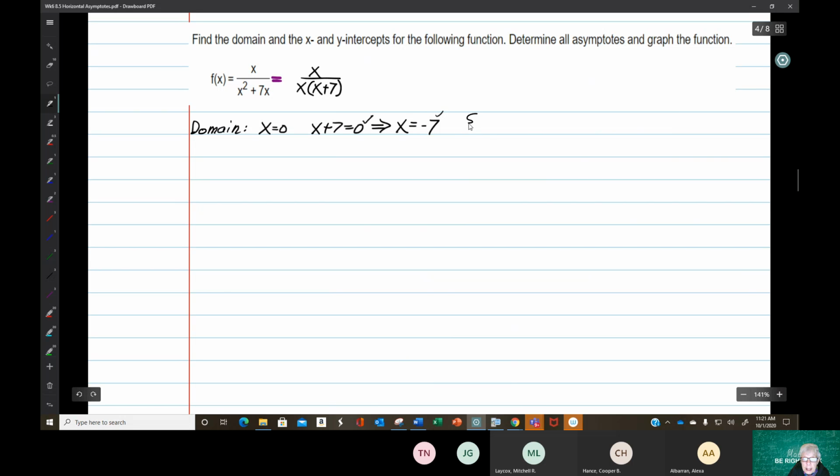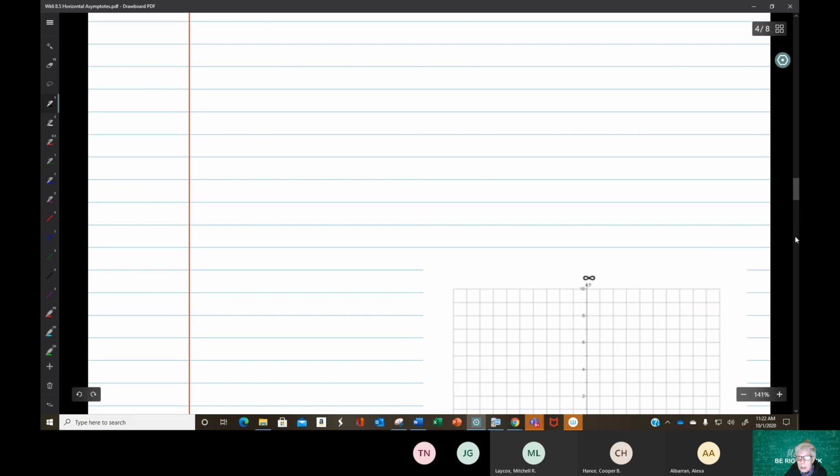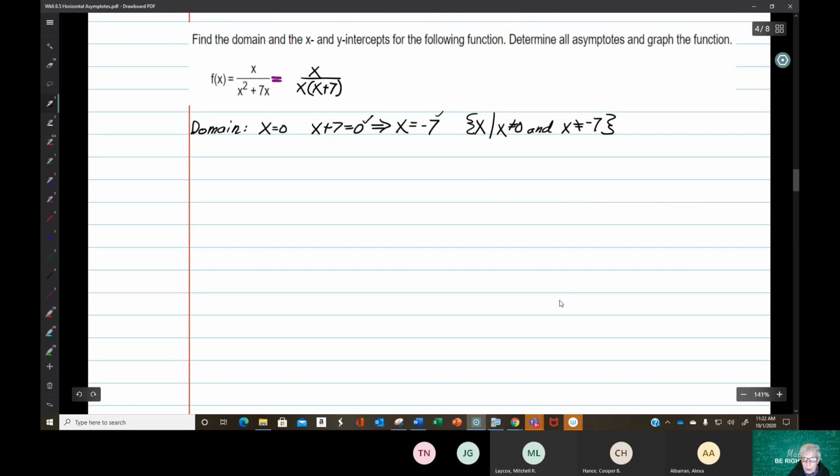So in set builder notation, we're going to have x such that x does not equal 0 and x does not equal -7. Okay, and right now, those are our problems right there. I don't want to use that though.